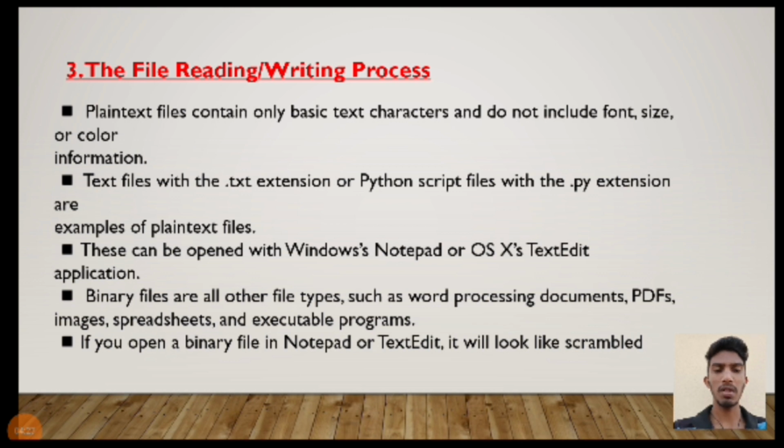These can be opened with Windows Notepad or OS X TextEdit application. Binary files are all other file types, such as word processing documents, PDFs, images, spreadsheets, and executable programs. If you open a binary file in Notepad or TextEdit, it will look like scrambled text.